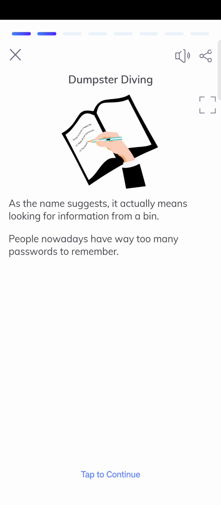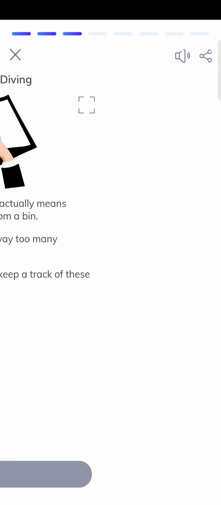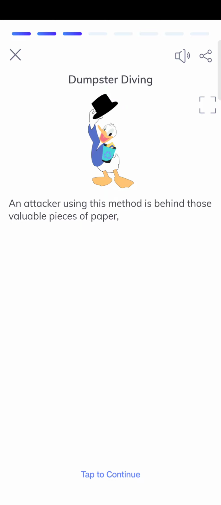As people nowadays have way too many passwords to remember, the simplest way to keep track of these is to write them down. An attacker using this method is after those valuable pieces of paper.